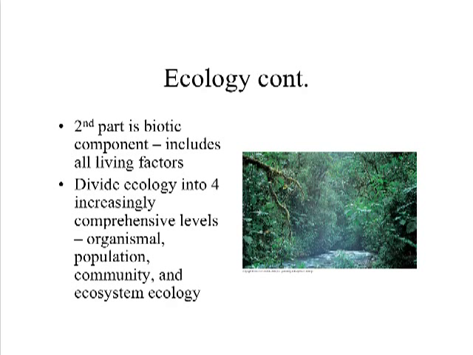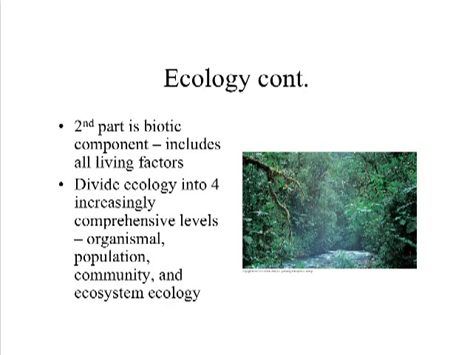Now, ecology can be divided into four increasingly comprehensive levels. At the smallest level, we have ecology at the organismal level, where we just look at one particular organism in an environment. Then we could take a look at those organisms on the population level.